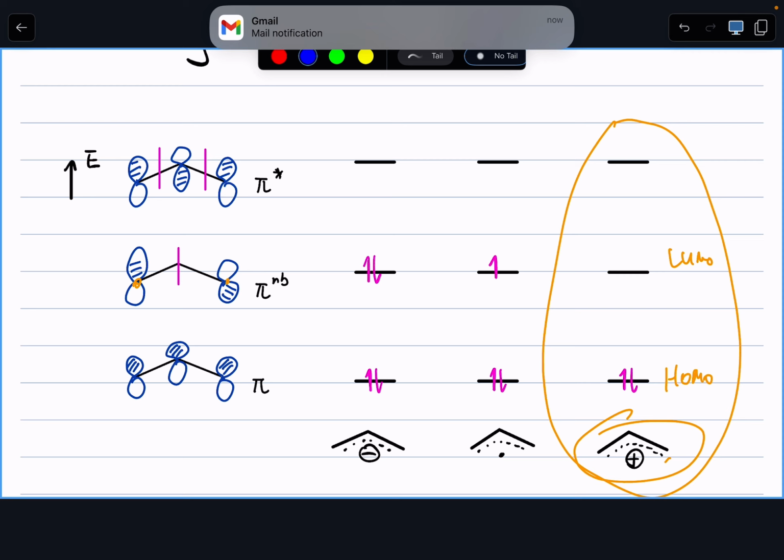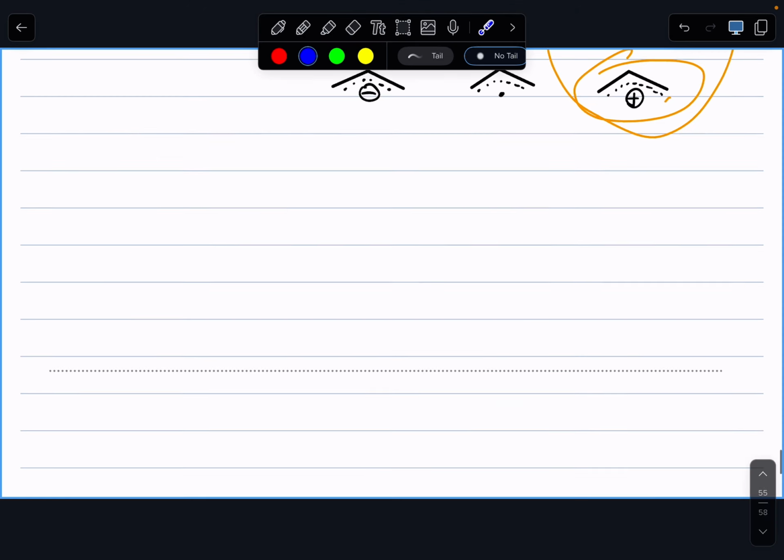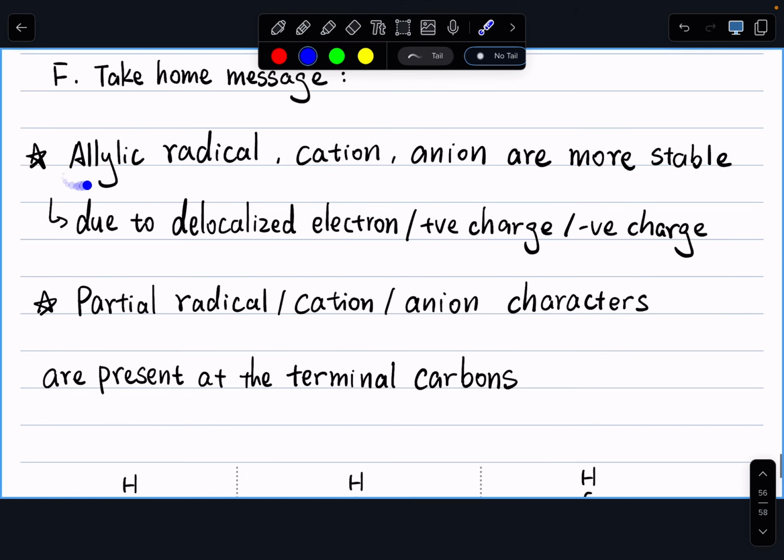As a quick summary, for allylic systems, whenever we have allylic radicals, cations, and anions, these are more stable than non-allylic versions. They're more stable because of the delocalized electrons, positive charge, or negative charge.